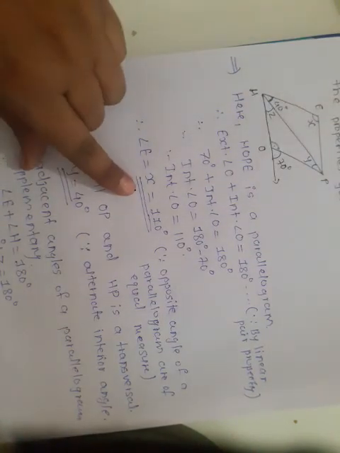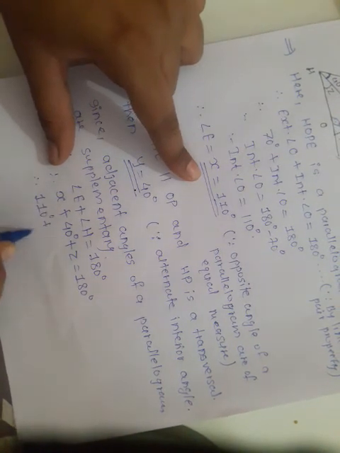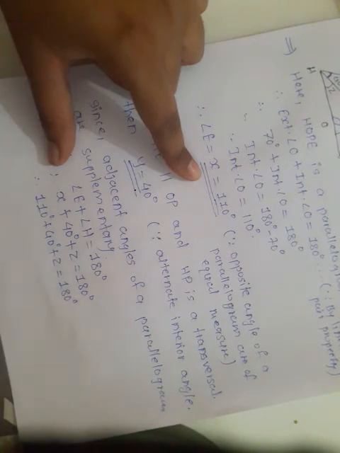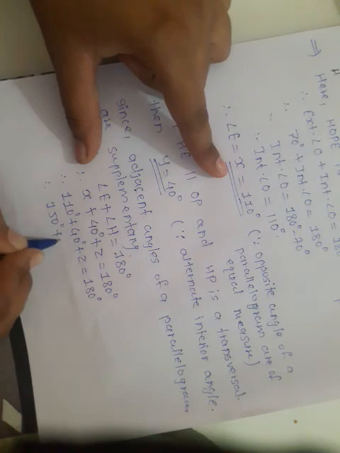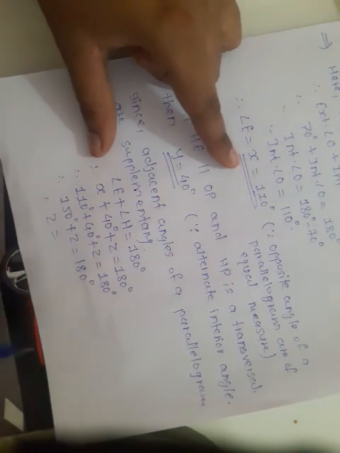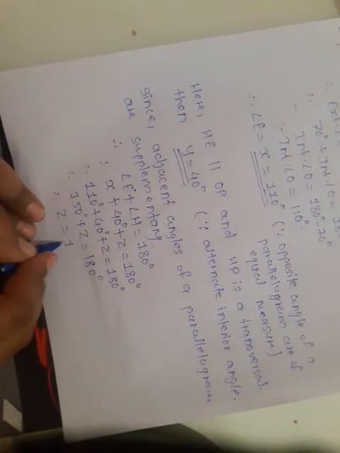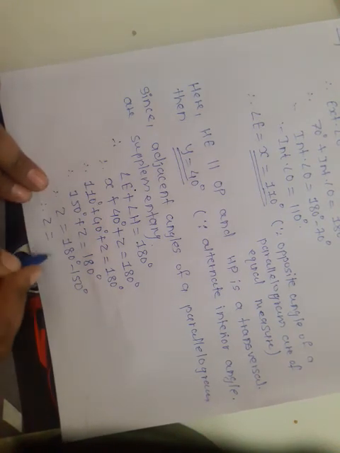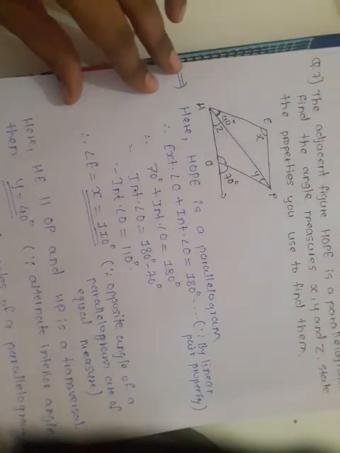We have already found the value of x, so put that value: 110 degrees plus 40 degrees plus z is equal to 180 degrees. Therefore, 150 degrees plus z is equal to 180 degrees. To find z, we subtract 150 from both sides. We get 180 degrees minus 150 degrees, and therefore z is equal to 30 degrees. Okay, so this is our question number 7.